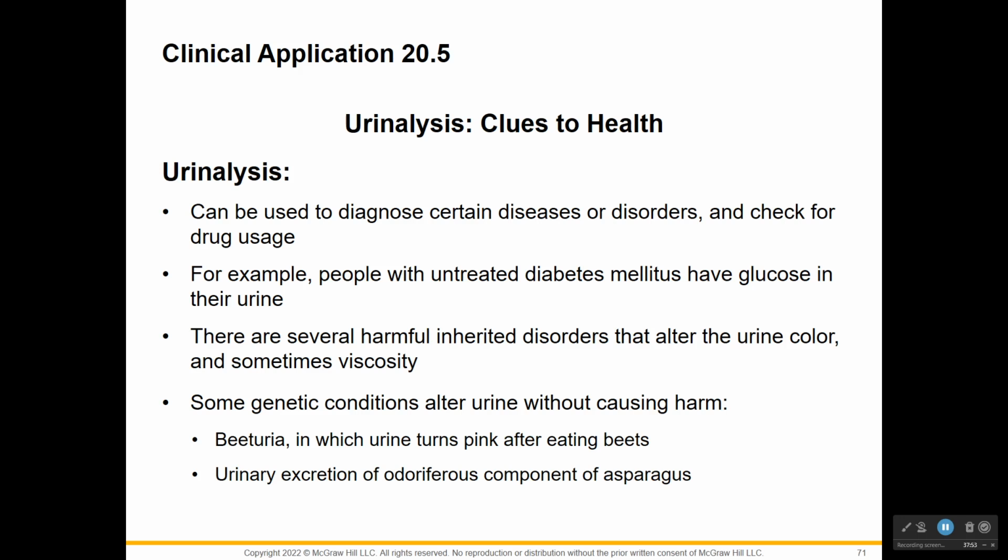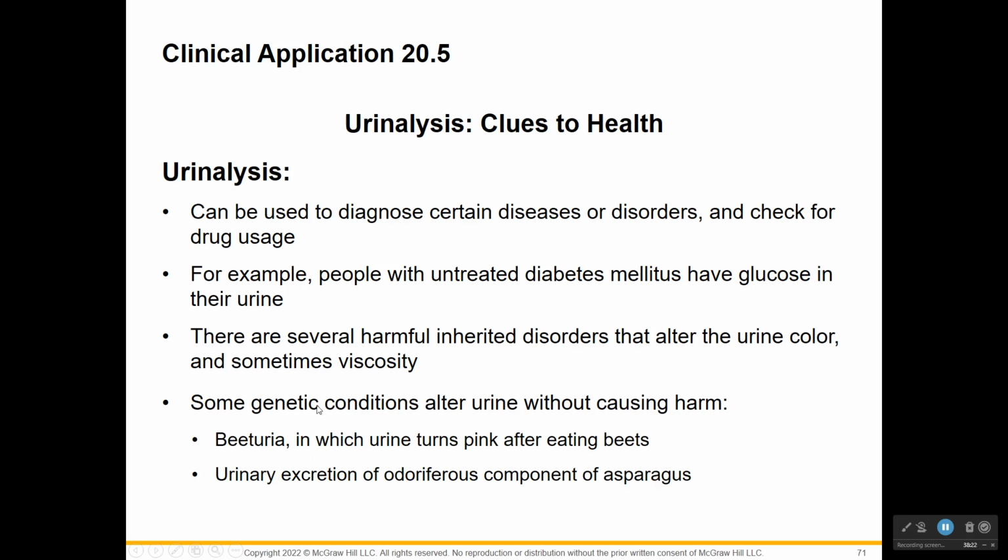I'm trying to think of the crazy one I remember from undergrad that had to do with pee. But this is pretty funny. Beeturia. It's when you have pink pee because you ate too many beets. I think that's funny. And then not most people, but a lot of people have smelly pee after asparagus.